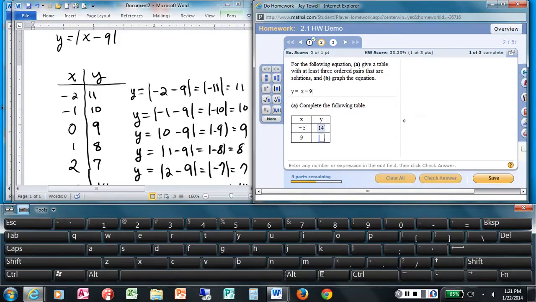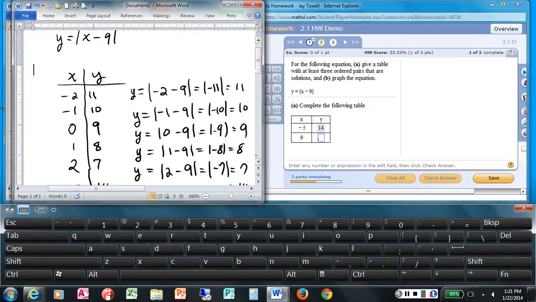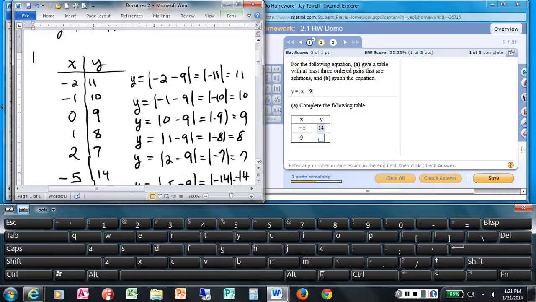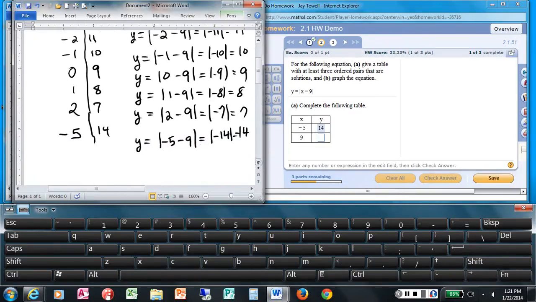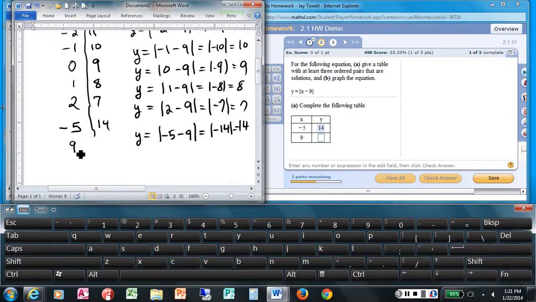They also want us to do +9. That's the absolute value of 9 minus 9, which is easy, the absolute value of 0, that's 0.